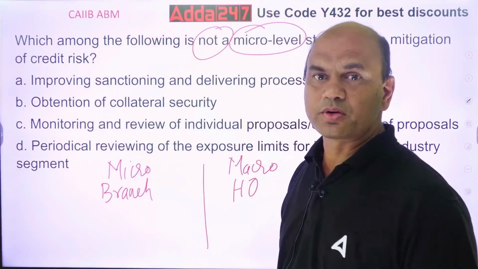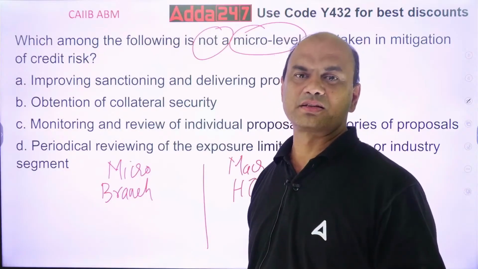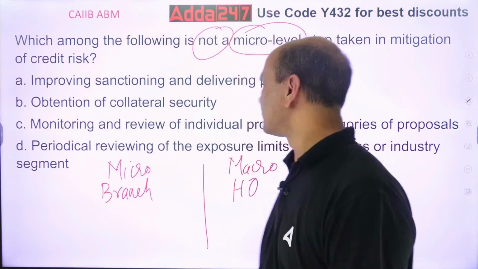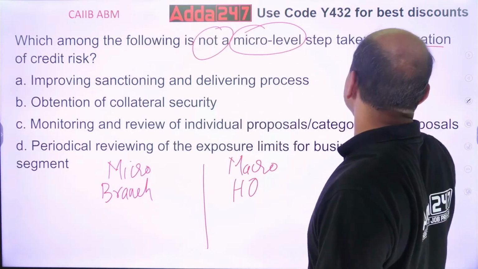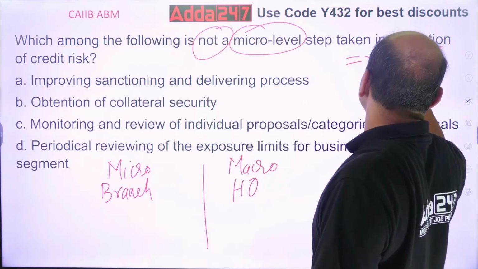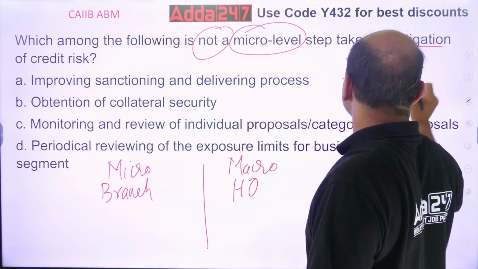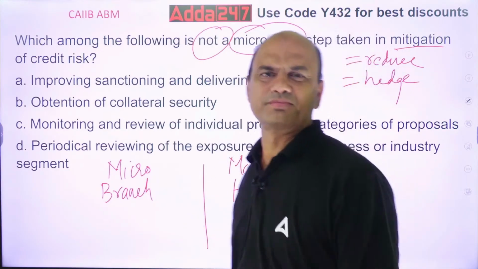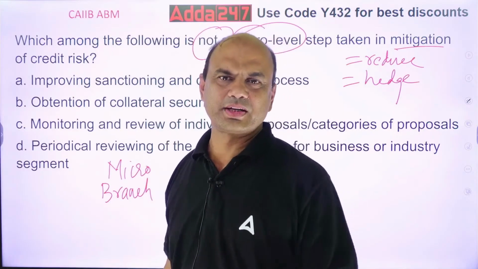At branch level, what do you do to mitigate the risk? Mitigate means reduce. See, there are 2-3 words: mitigation equals reduction equals hedging. All are one and the same.